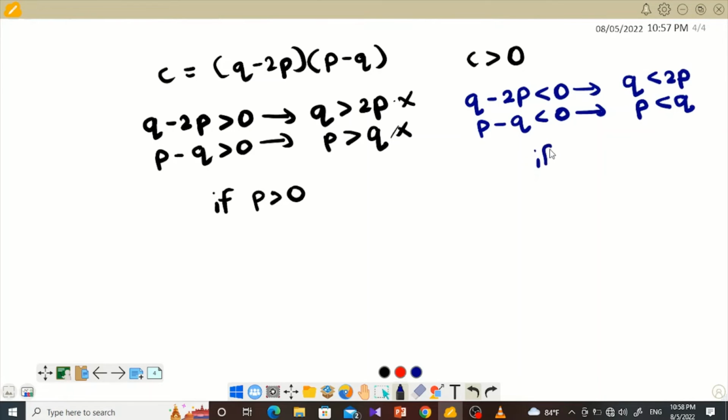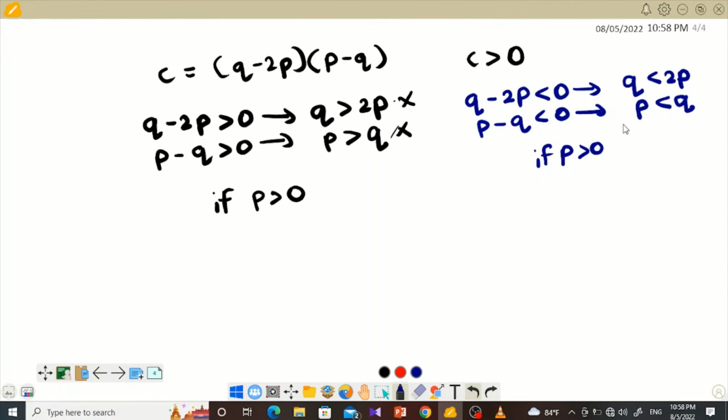If p is a positive number, as you can see, these two inequalities are true. q can be greater than p and also q can be smaller than 2p. If p is positive, then this is a valid inequality.